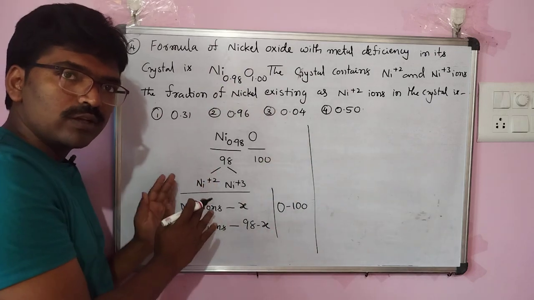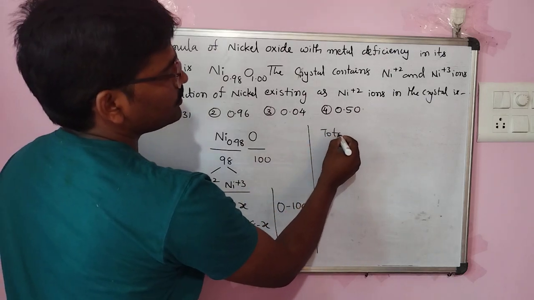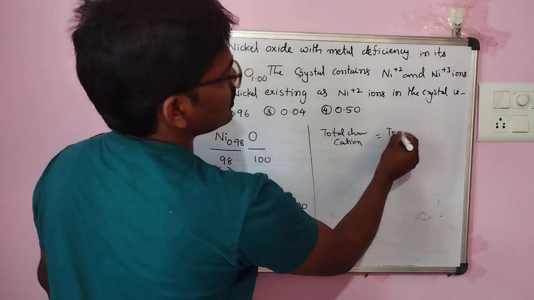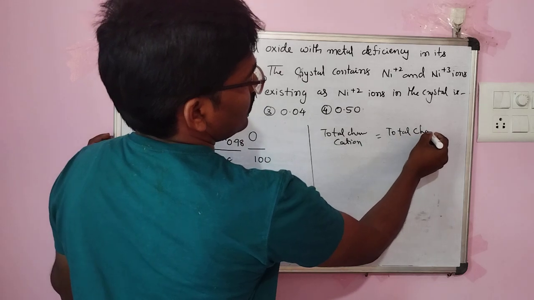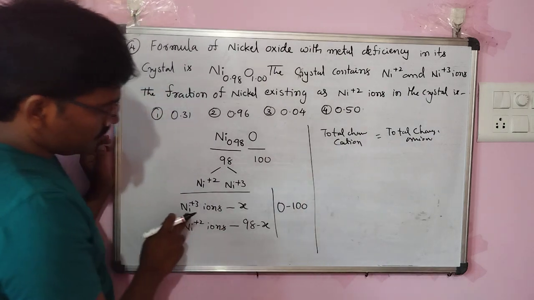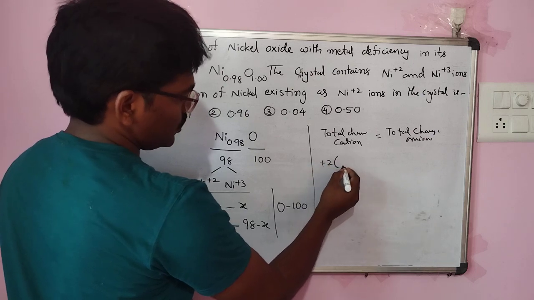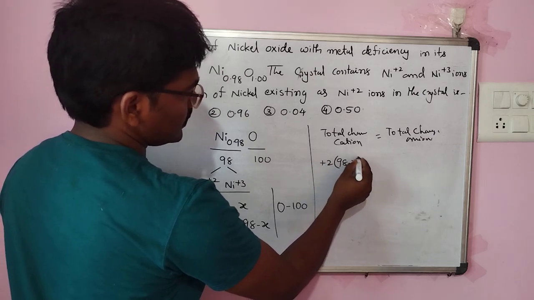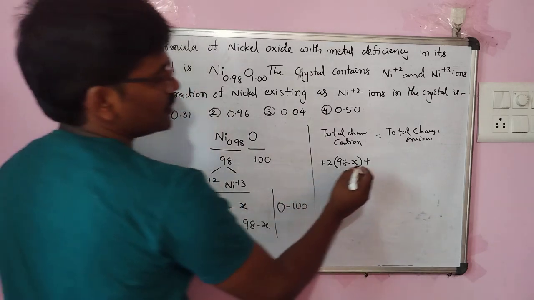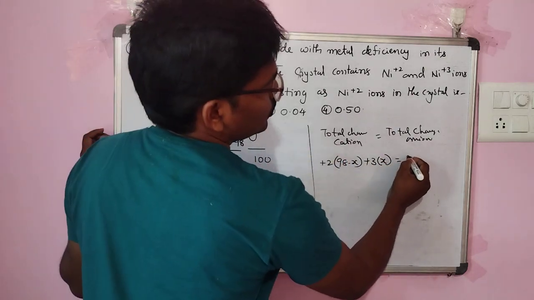For the cations, the +2 state gives +2 into (98 minus X), plus the +3 state gives +3 into X, equals the oxygen, 2 into 100.